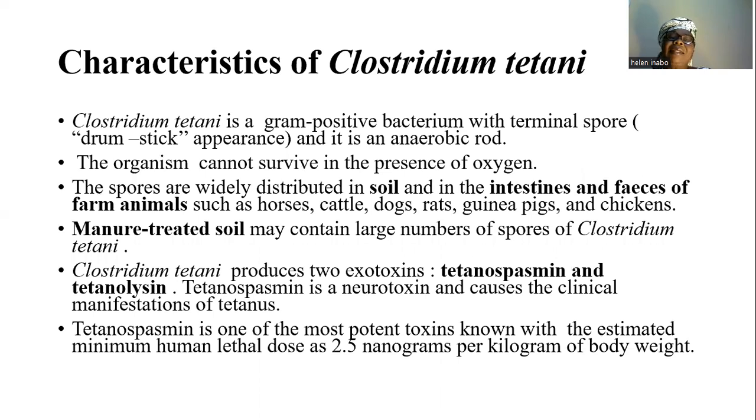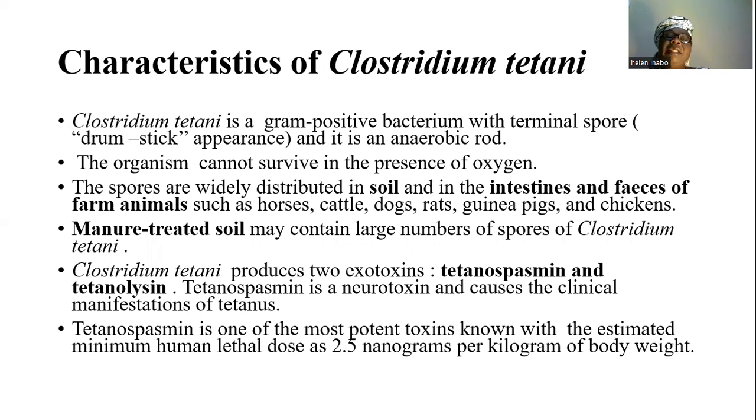Let's look at the characteristics of Clostridium tetani. Clostridium tetani is a gram-positive bacterium with terminal spores, looking more like cells with a drumstick appearance, and it is an anaerobic rod. What do I mean by that?